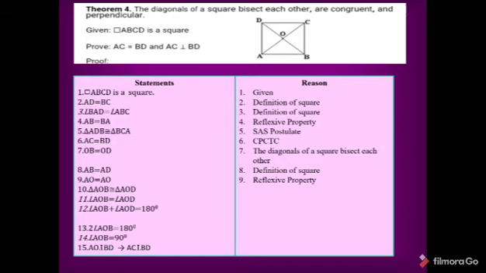In number 10, triangle AOB is congruent to triangle AOD. SSS postulate. How about number 11? You're right, CPCTC. Yes, these two angles form a linear pair, and linear pair angles are supplementary. That's why the measure of angle AOB plus the measure of angle AOD is equal to 180 degrees.